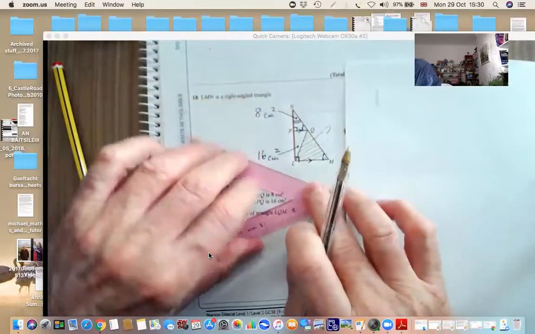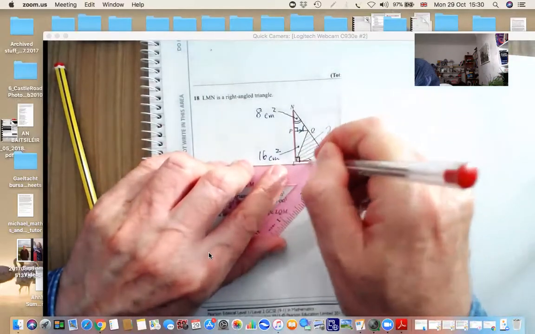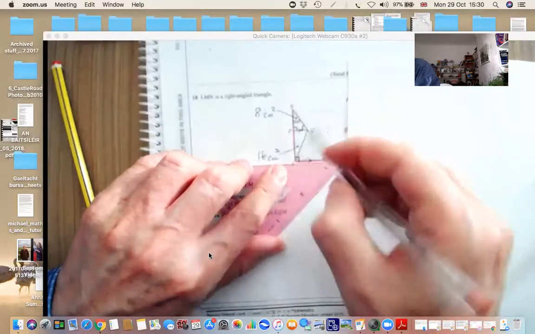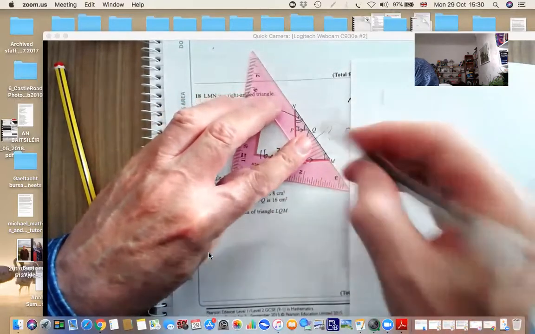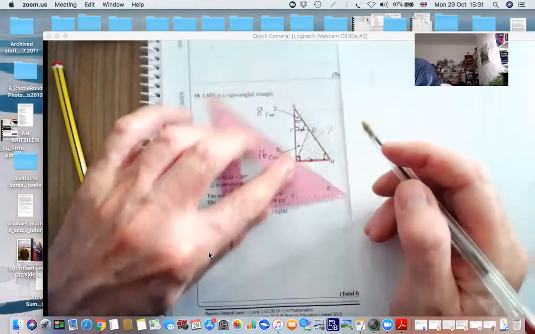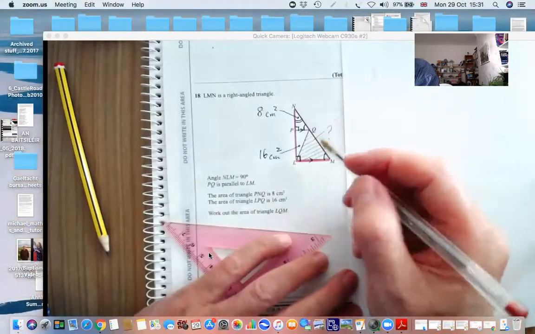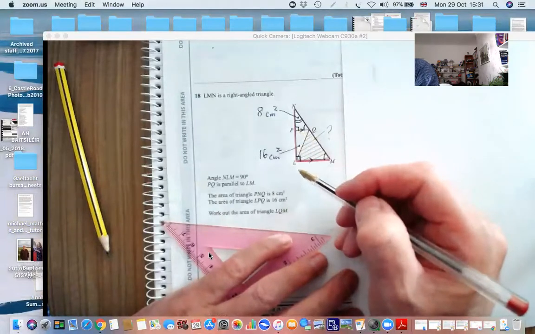If we could find the area of the big triangle and then take away the areas of the small triangles, that might be a useful thing to do. That would be one way of getting towards the answer. Get the area of the big triangle, because all we've got to do then is subtract the two small triangles from it.